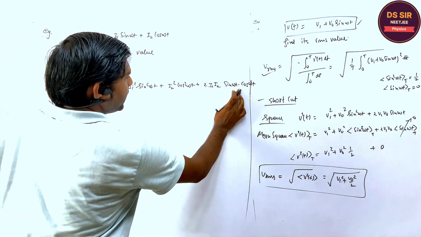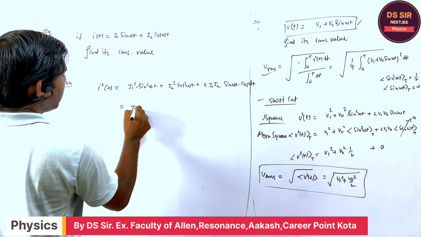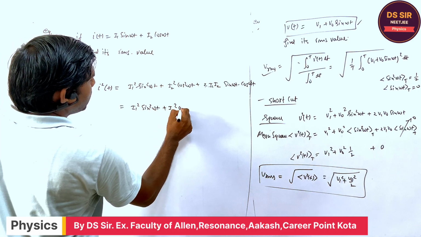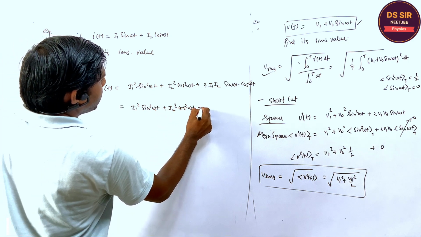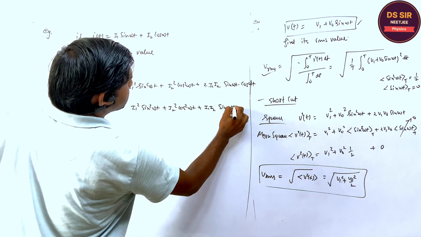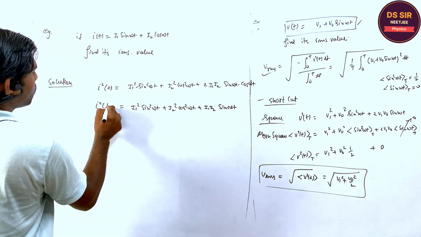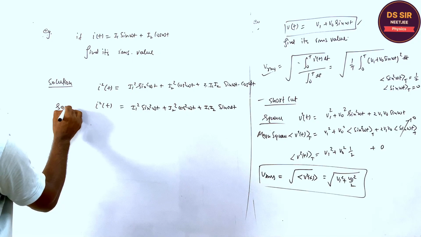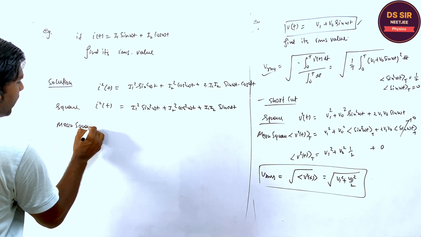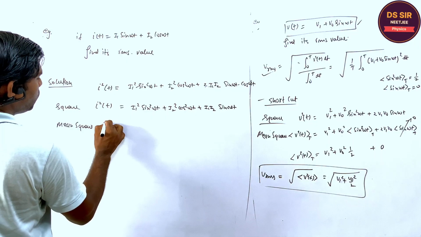Okay, and this may be written as I1 square sin square omega t plus I2 square cos square omega t plus I1 I2 sin 2 omega t. This is I square. This is the square. Then what do you have to find? The mean square. To find the mean square, what do you have to take?